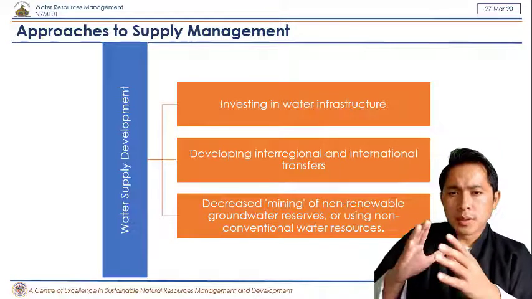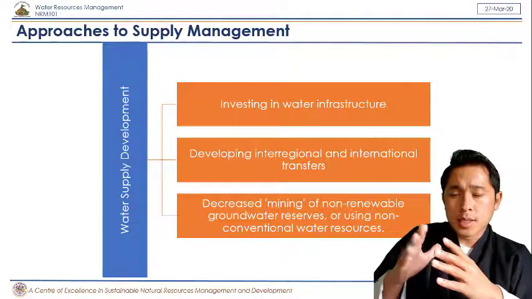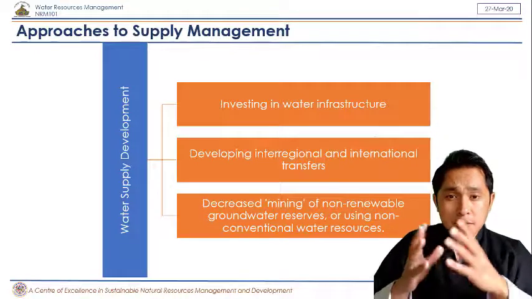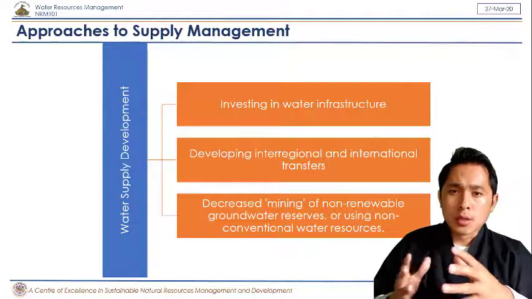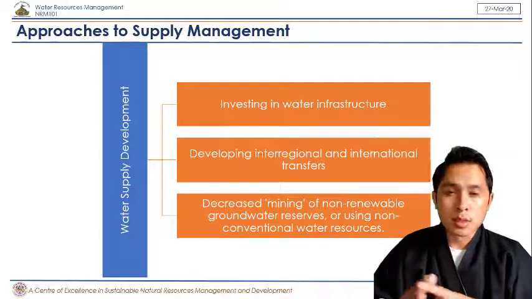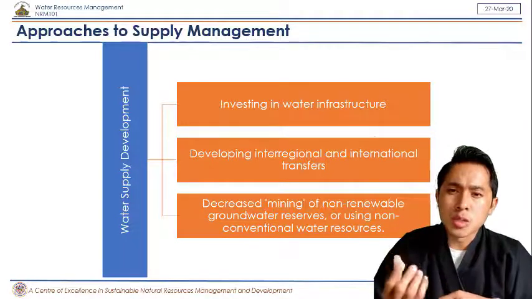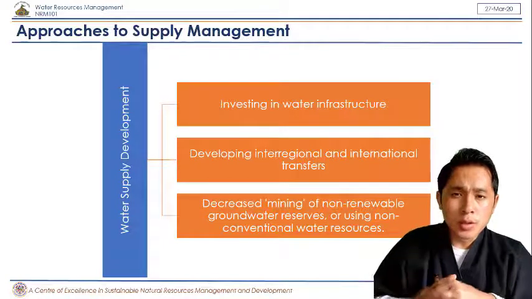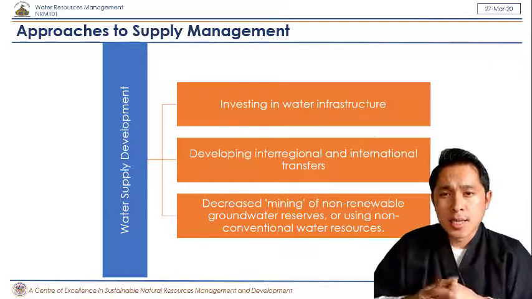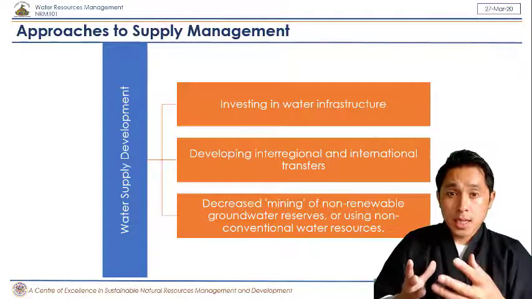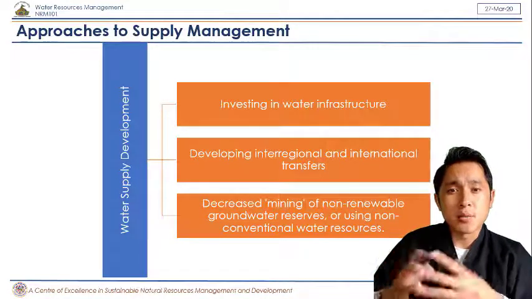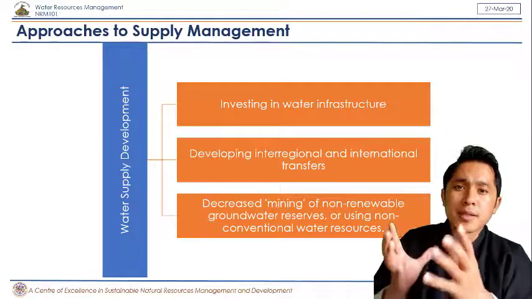If we decrease the mining of groundwater, and we do not maximize the extraction of groundwater through modern ways, but if we have to use it, please use the older or traditional methods of extracting groundwater, so that the extraction is not affecting the quality of groundwater and also minimizes the groundwater that we extract, thereby keeping the supply more.